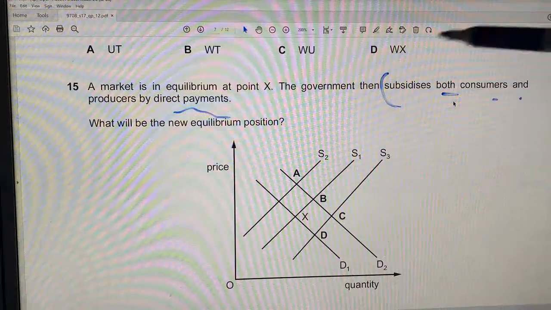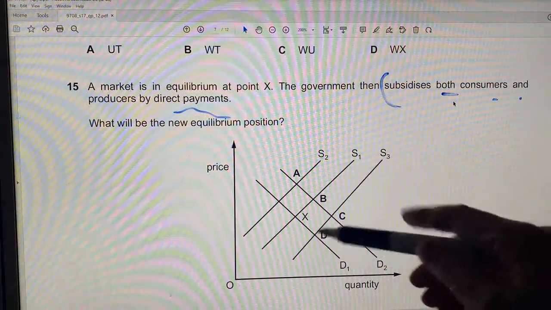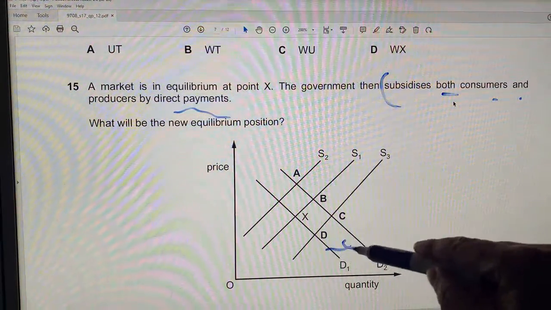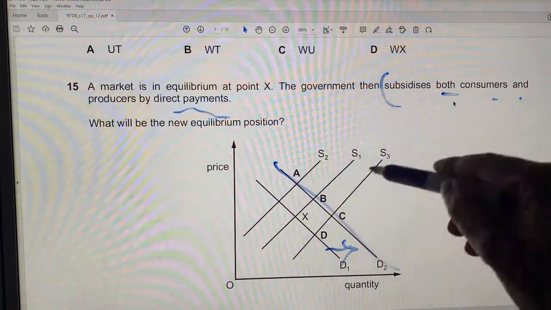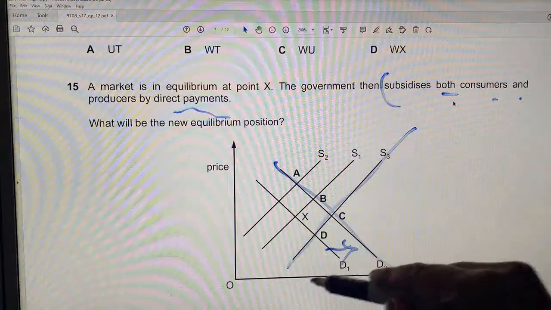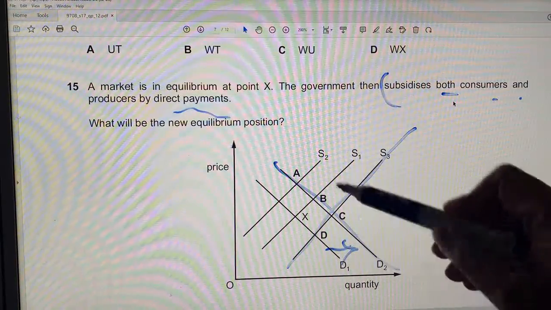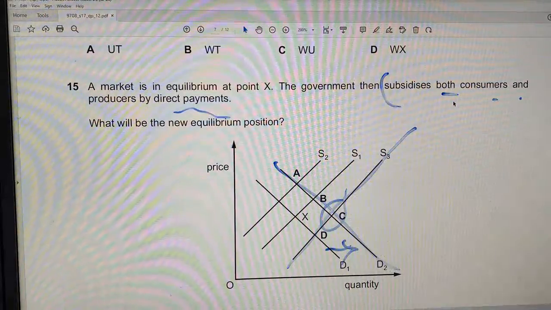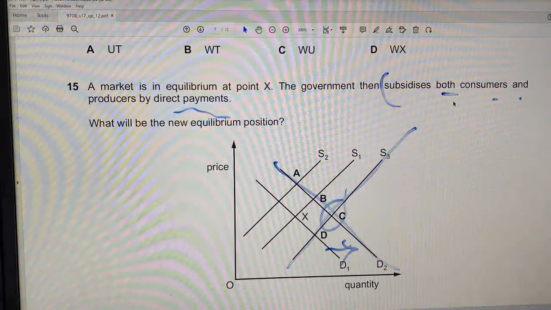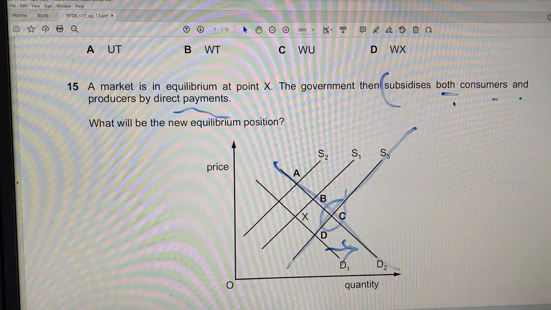So that will shift both the supply curve and the demand curve. The demand curve will shift to the right, and so we're going to be here. And the supply curve will shift to the right, so we'll be here. And here's our new equilibrium. C must be the answer for 15.